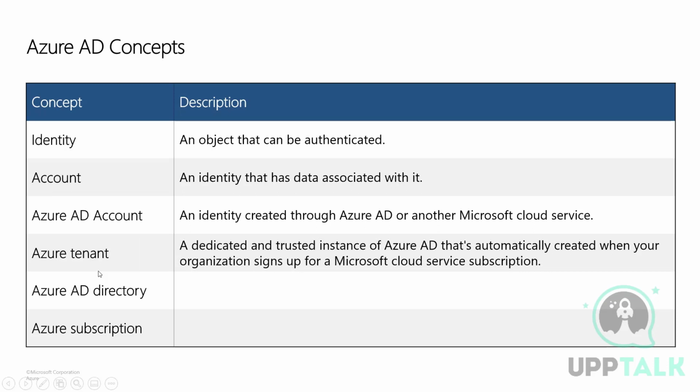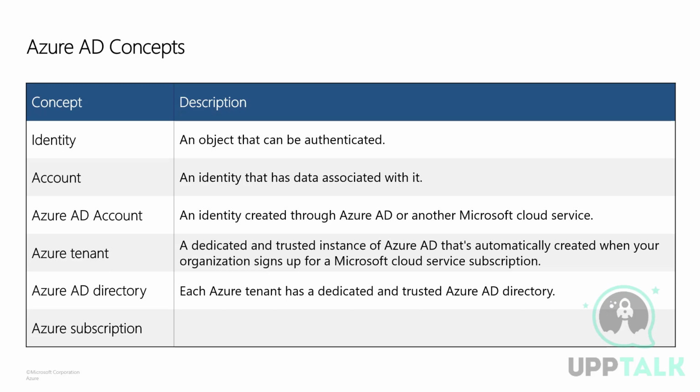Another member that you have once you create your free trial is your Azure tenant, the directory that you are creating. Whatever name you may have given, that will behave as your directory.